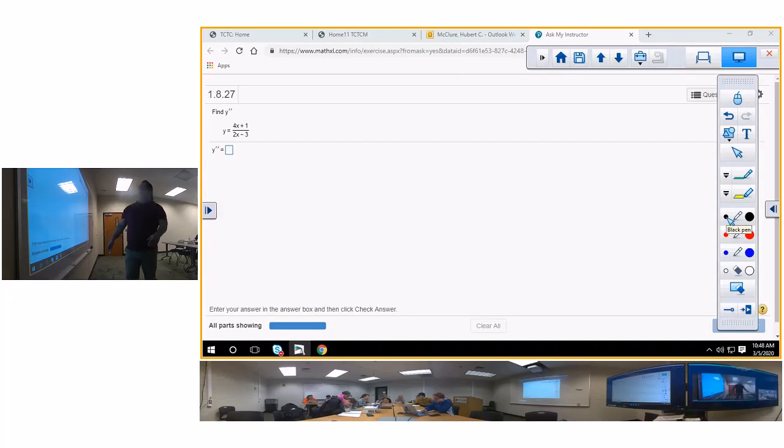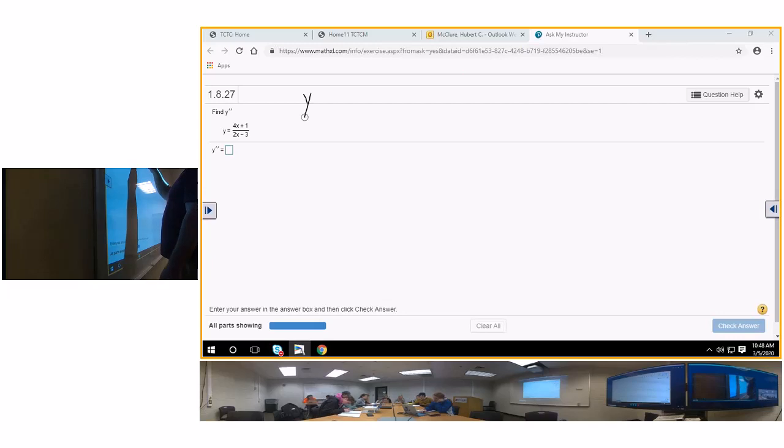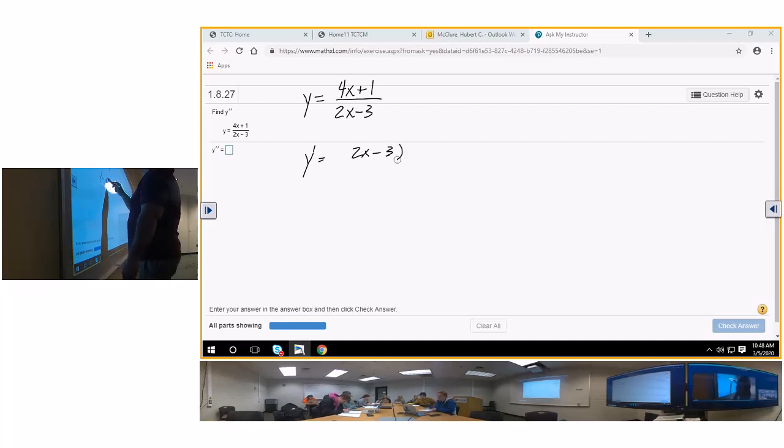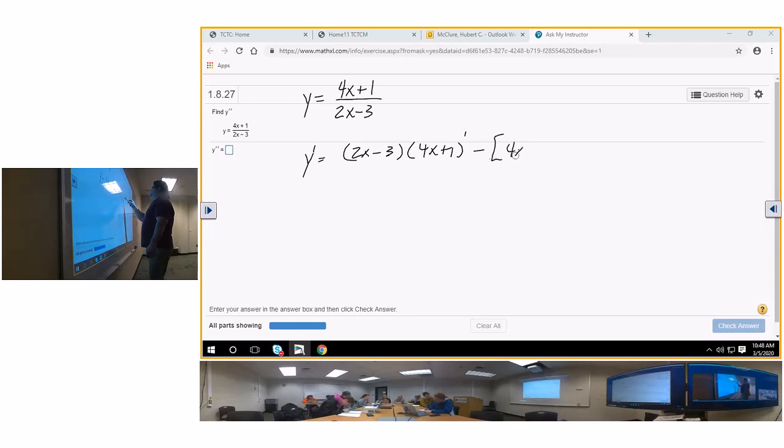Find y double prime. y is equal to (4x plus 1) over (2x minus 3). So y prime is going to be denominator times numerator prime minus numerator times denominator prime over denominator squared.